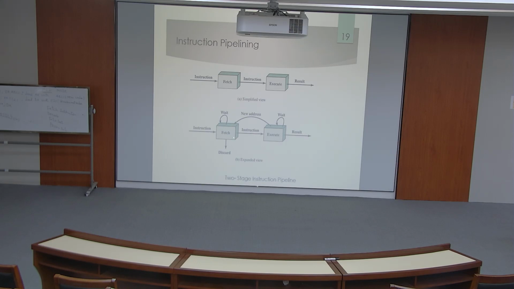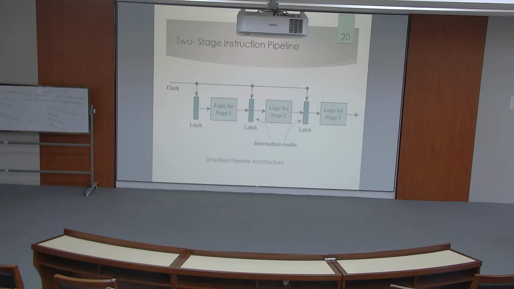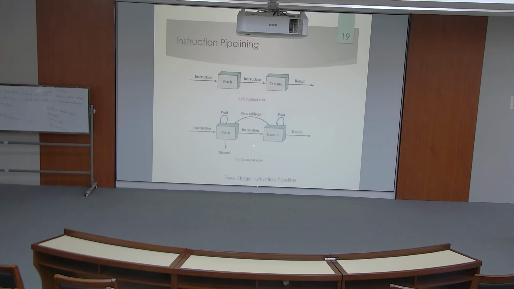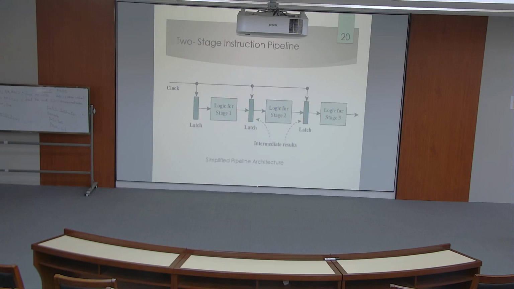Without it, you see fetch, wait, then execute, wait. This causes too many waits. To solve this problem, the instruction pipeline has been introduced to allow the microprocessor to execute multiple instructions at the same time. Here you see fetch instruction, wait, execute instruction, wait for the next address to be fetched from the memory, which will take longer to complete the instructions.